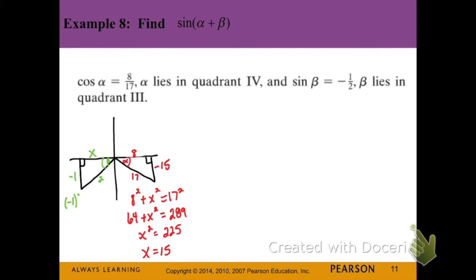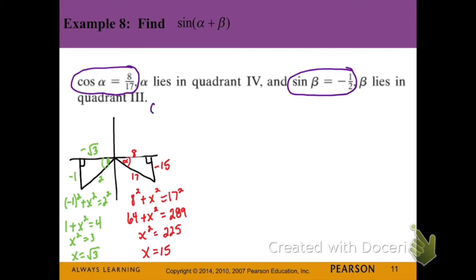Now to solve for the unknown side on my beta triangle, this is my x coordinate of the triangle since it's on the x-axis, and since I'm in quadrant 3, I know that it's going to need to be a -√3.